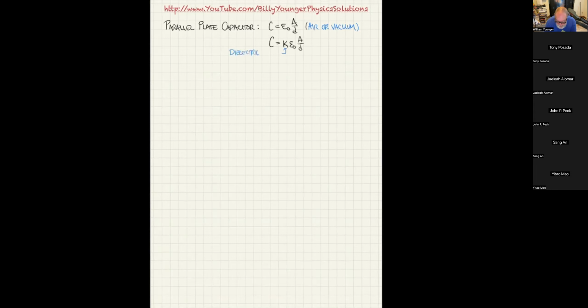So whatever it's made of, you can look up the dielectric constant for that material, and that's what you multiply it by. But sometimes we choose instead to write it as just epsilon A over D, and then this is known as the permittivity of the dielectric.